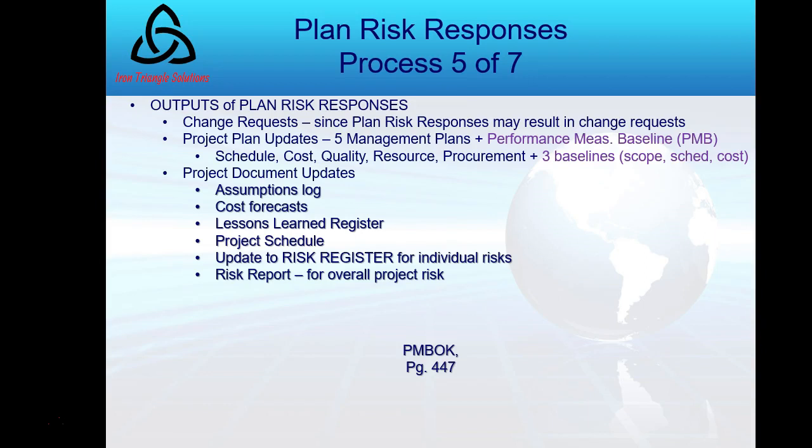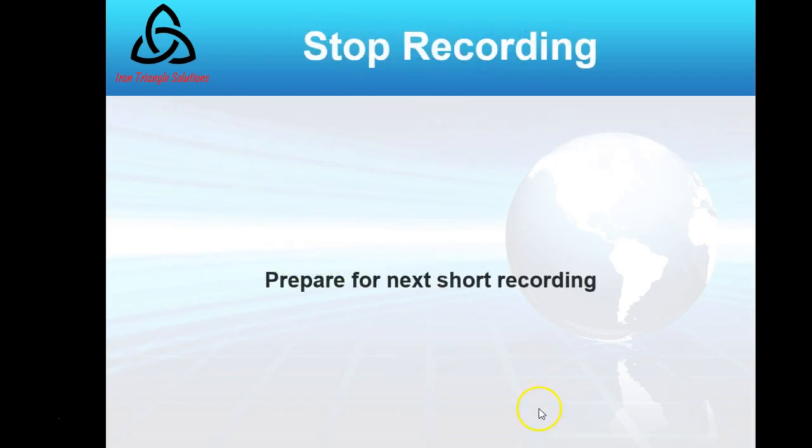Those management plans are schedule, cost, quality, resource, and procurement, and then of course the schedule baselines, or the 3 baselines. And then my project document updates, all listed on page 447. Okay? And 448.